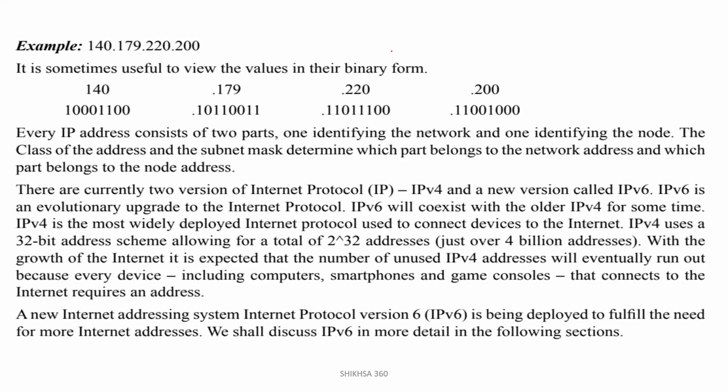Clear? So this is an IPv4 address. This is an IP address. It is sometimes useful to view the values in their binary form. Clear? It is sometimes useful to view the value in binary.